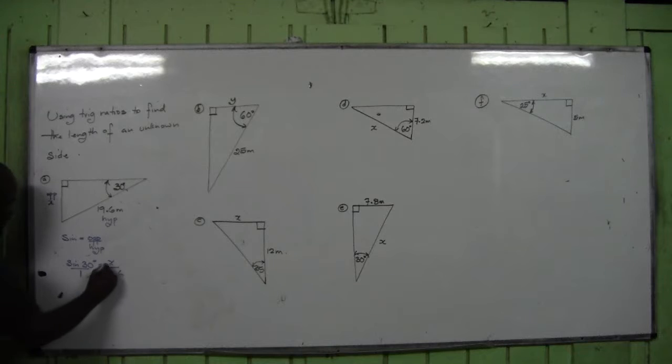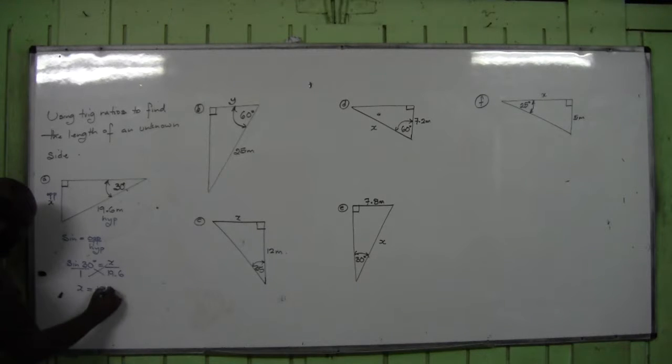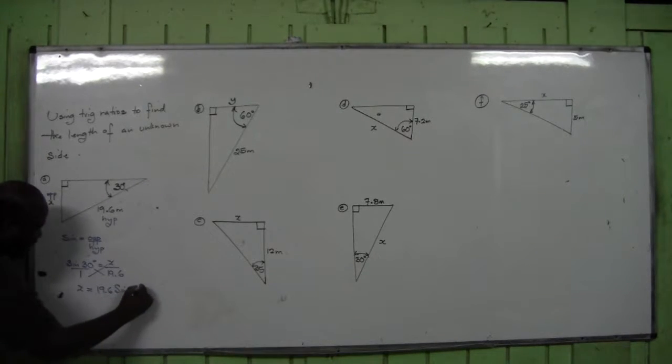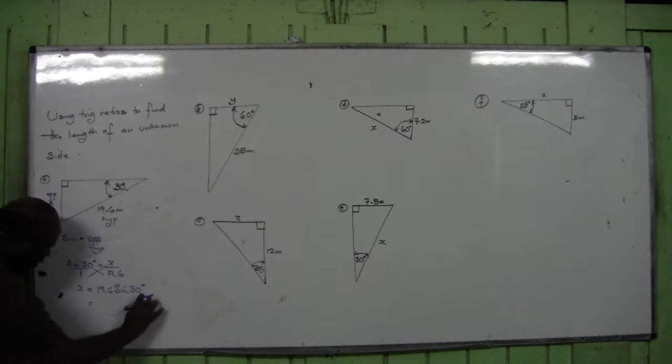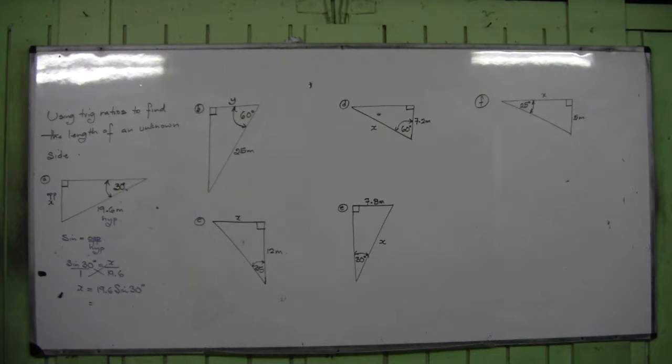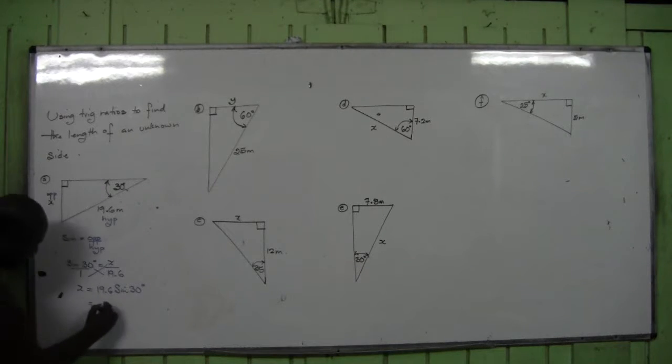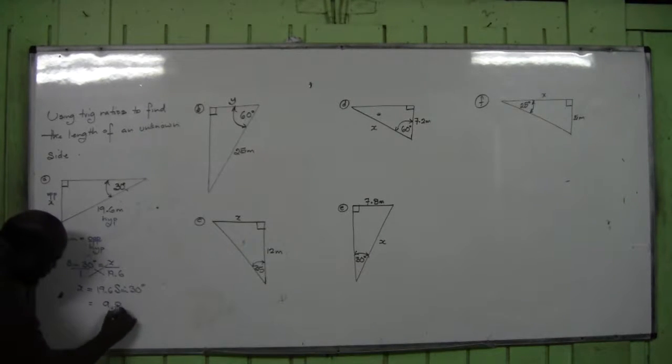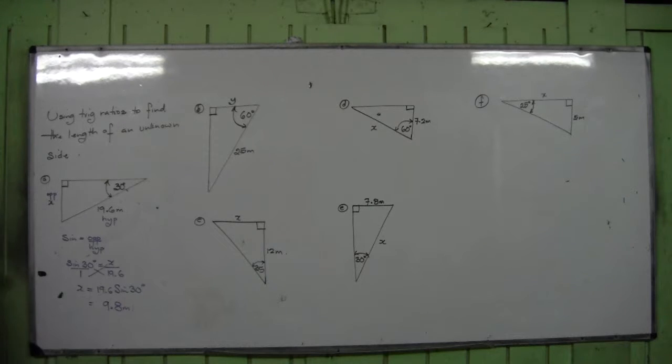So it's 1 times x. What is 1 times x? It is equal to 19.6 times the sine of 30 degrees. Put this in your calculator and press equal. This is 9.8 meters.